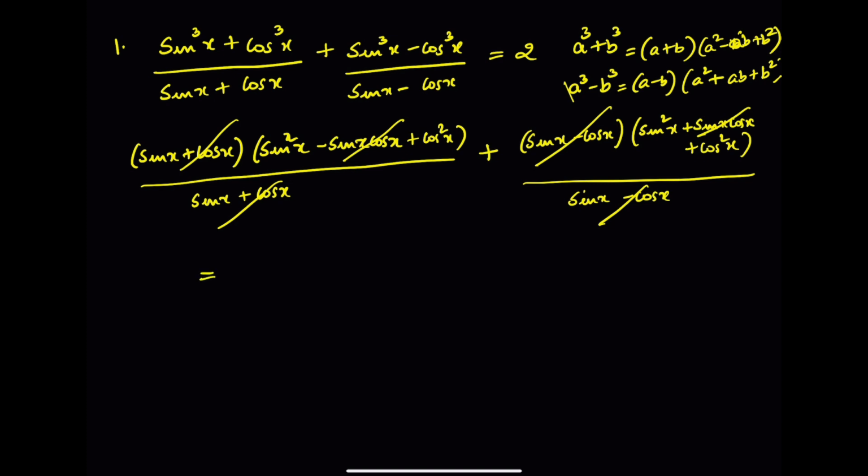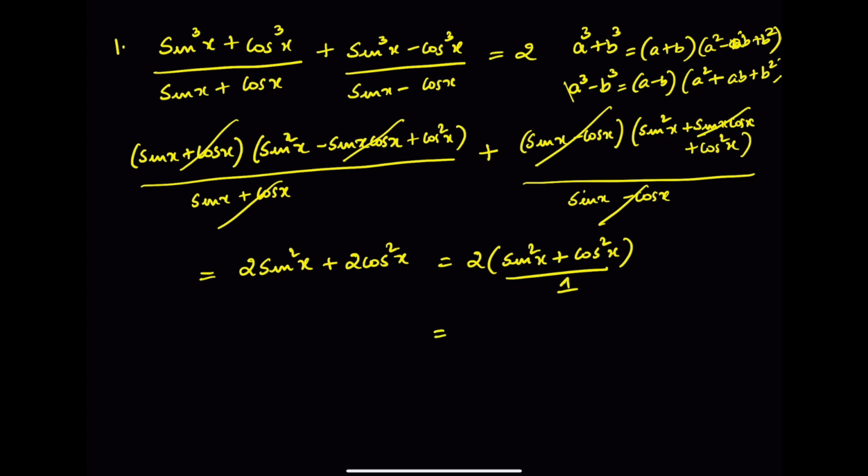So we will have 2 sin²x + 2 cos²x, which is nothing but 2 times (sin²x + cos²x). This will be 1 because that's the trigonometric identity, so we'll have the value 2. So this is how you can prove the first trigonometric identity question.